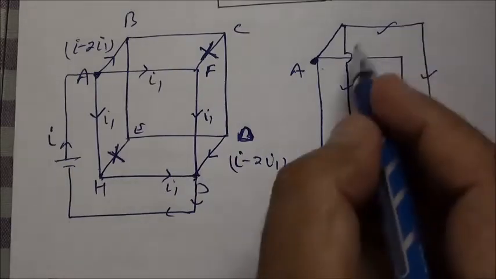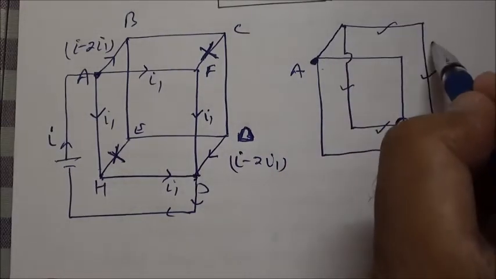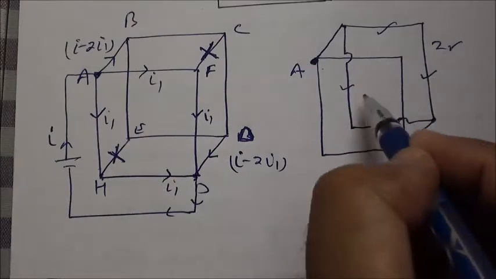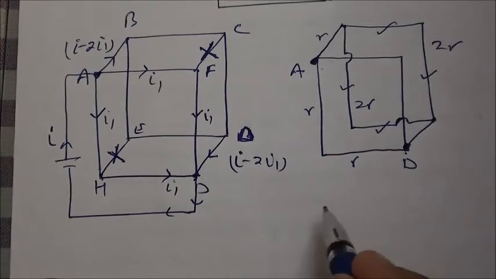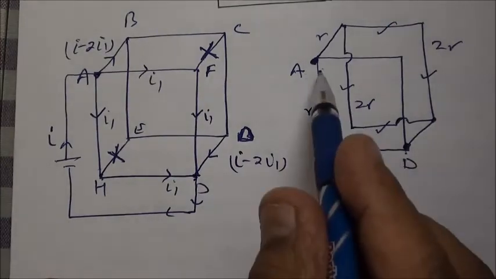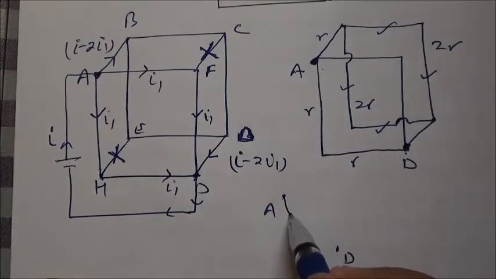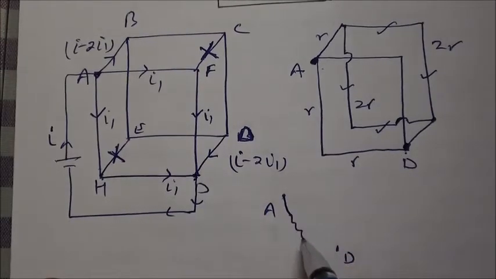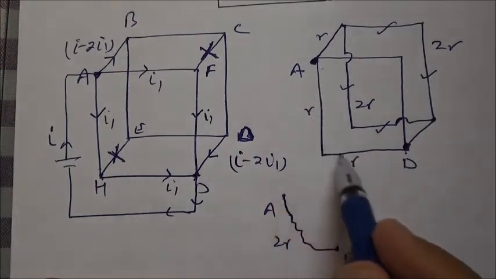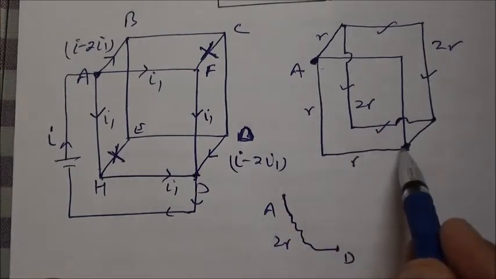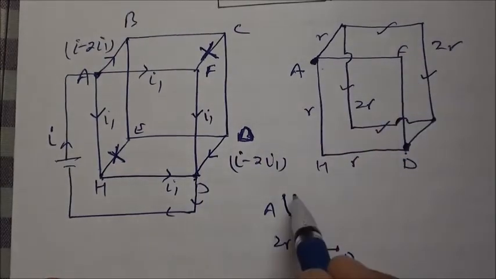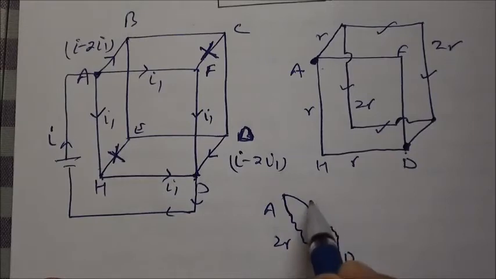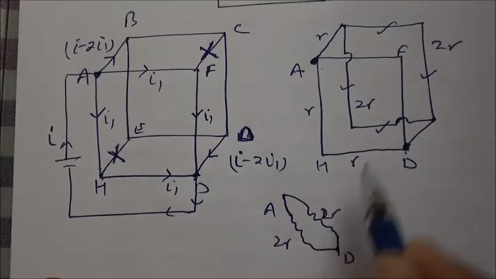So this one has resistance 2R, same way this has resistance 2R, this has R, this is R, this is R. So between A and D, I am again drawing it, 2R. This is AED, this was AHD, this was AFD, it is again having 2R.